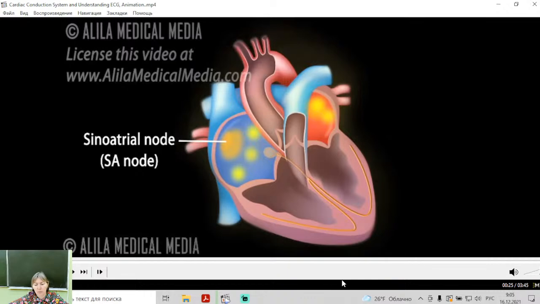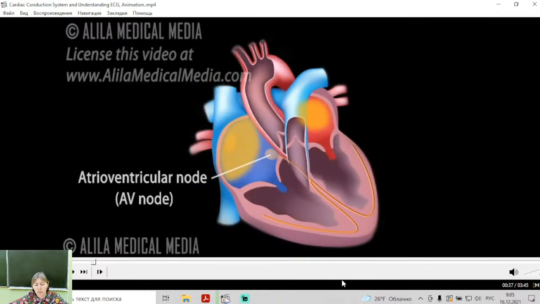The Atrioventricular node, or AV node, is located on the other side of the right atrium near the AV valve. The AV node serves as an electrical gateway to the ventricles. It delays the passage of electrical impulses to the ventricles. This delay is to ensure that the atria have ejected all the blood into the ventricles before the ventricles contract.